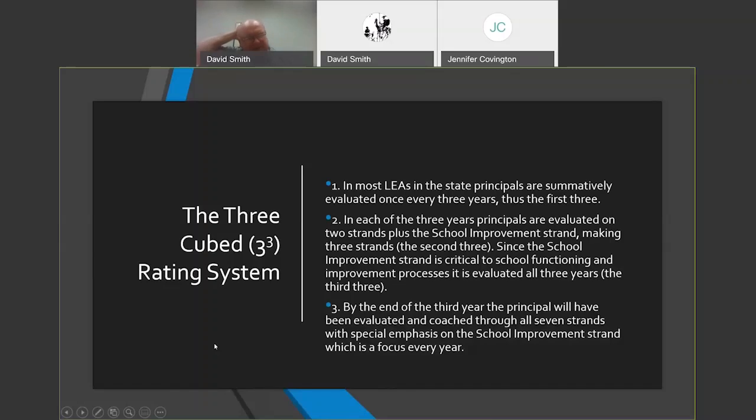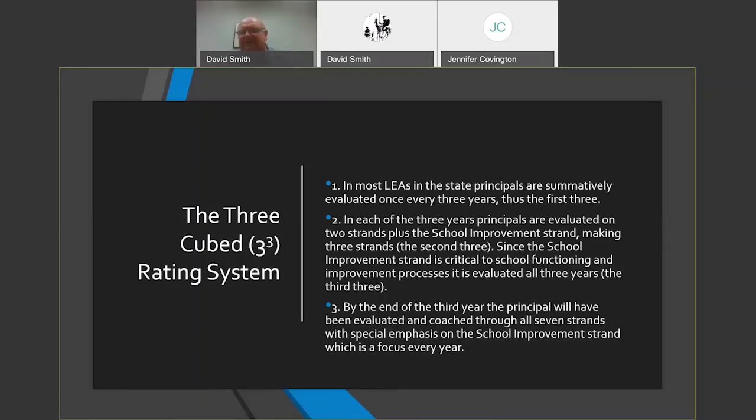One of the things that we thought about, and this is something that's being done in other states and has been done in some of our school districts for educator evaluation, is that we're proposing you may want to think about, and this is not necessary, using what we're calling a 3-cubed rating system.